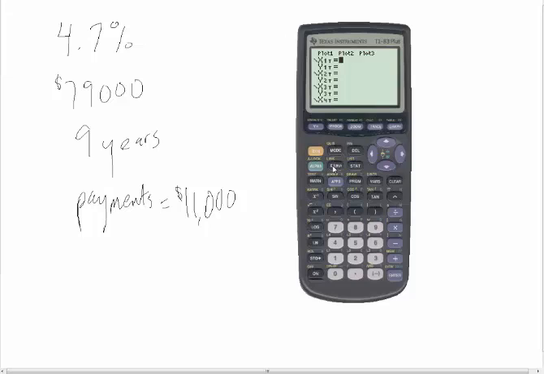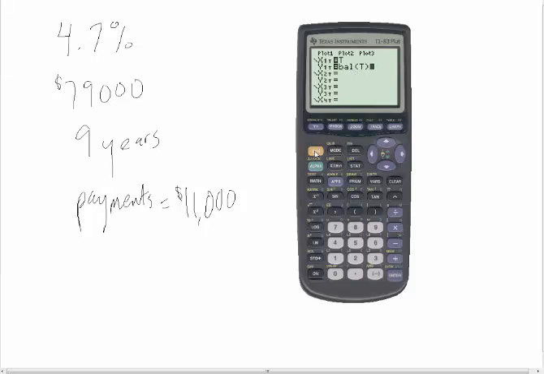So here we'll enter this button here, T, and go down, and then apps, finance, and we'll go down to BAL, which is balance. Enter T. Basically, we've got X is time T, and Y is going to be the balance.